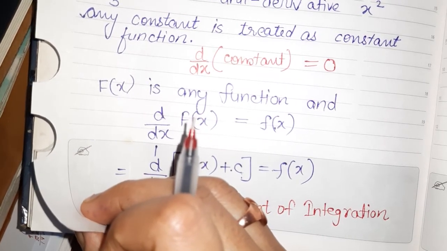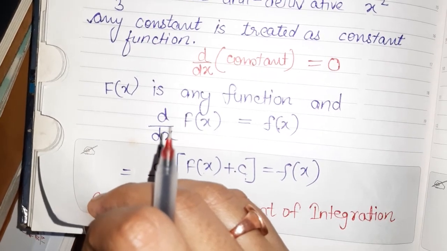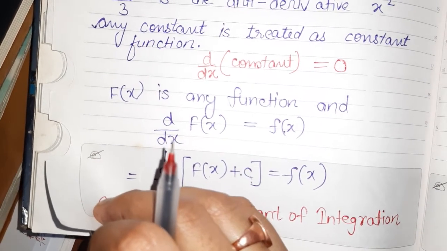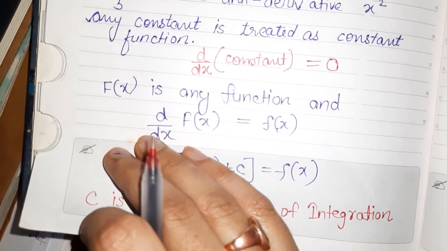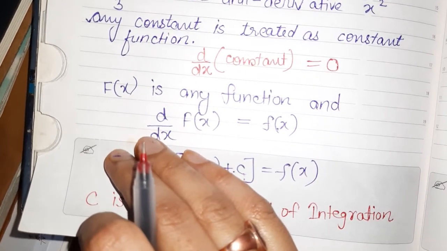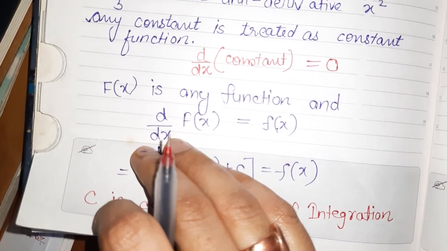Suppose in one question you take the constant as 2, in another you take it as 3 or 4, then the functions with the same derivatives differ by a constant.